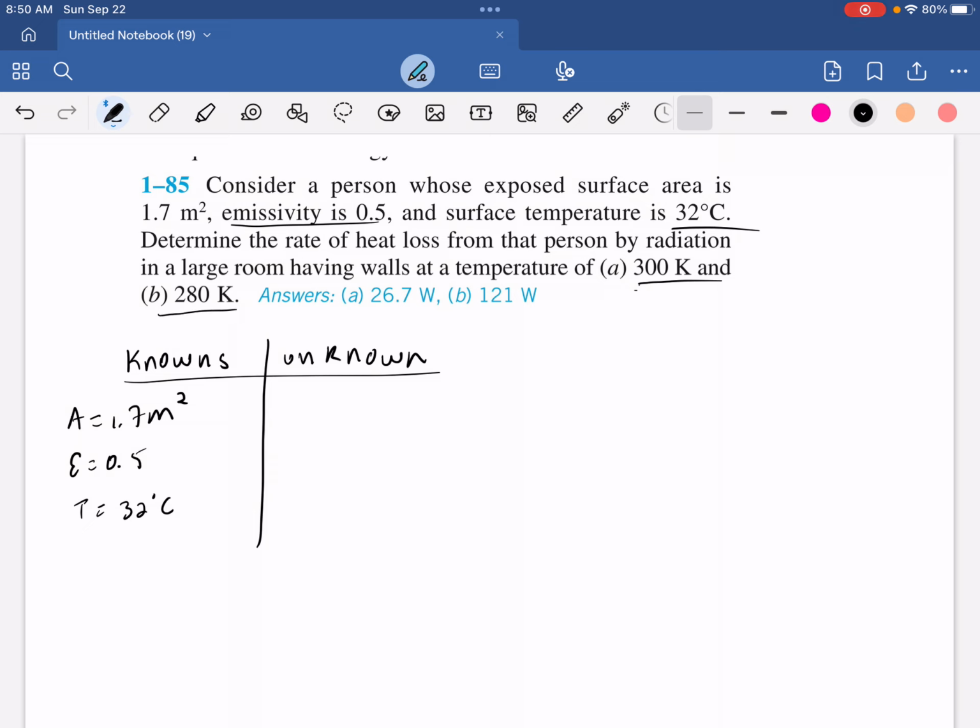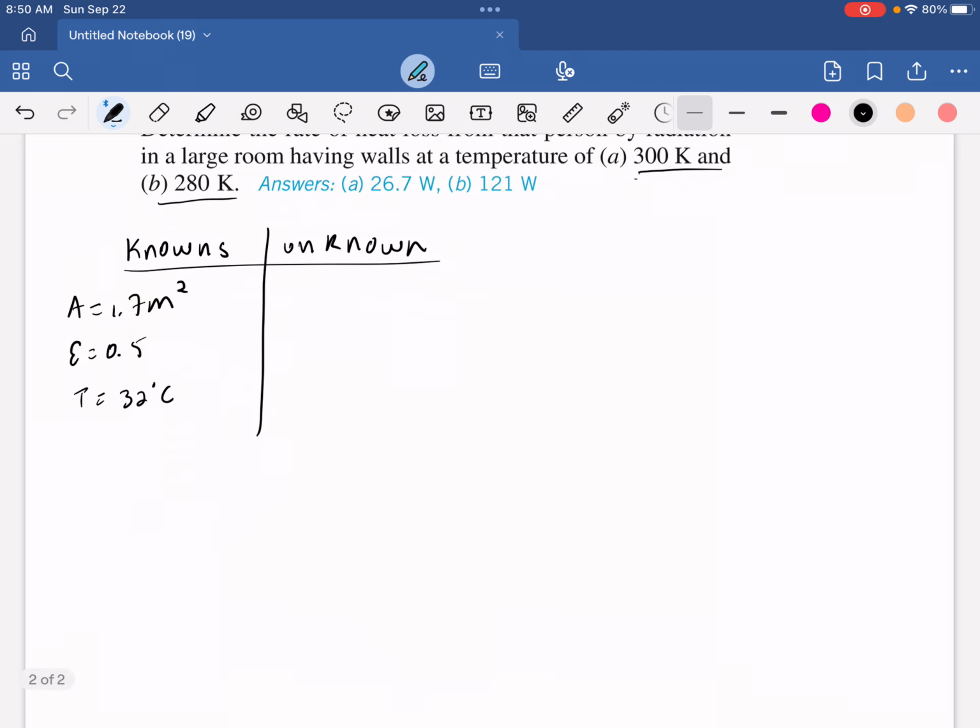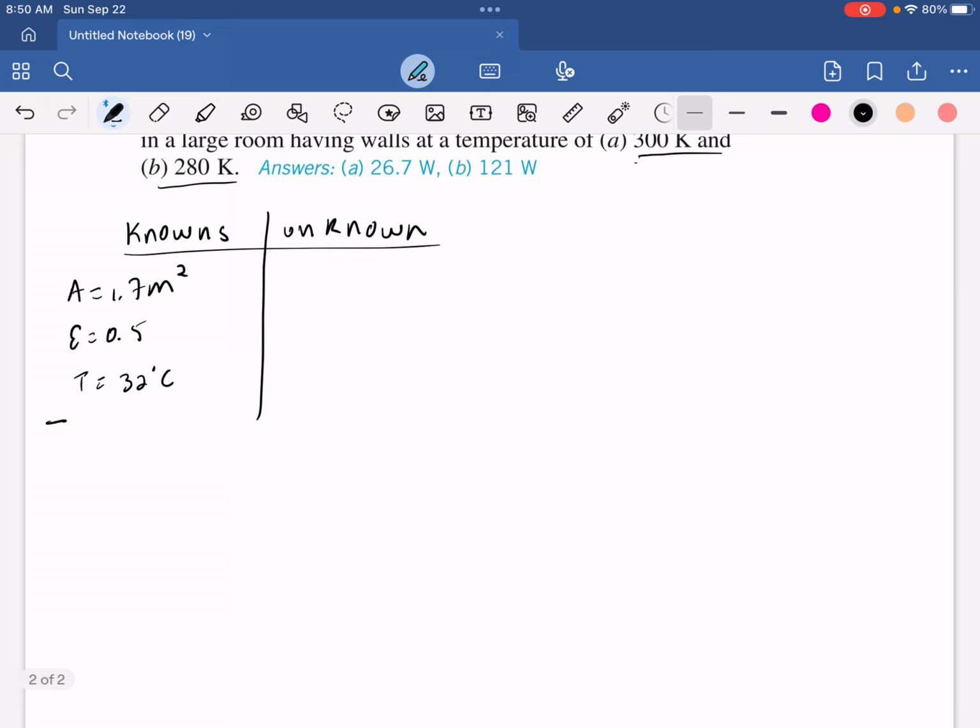Therefore, what this is telling me is that I need to convert this degrees Celsius into kelvins. So right at the beginning I'm going to add 32 plus 273. That way I get my temperature in kelvins, which if you do that, you get 305 kelvins.